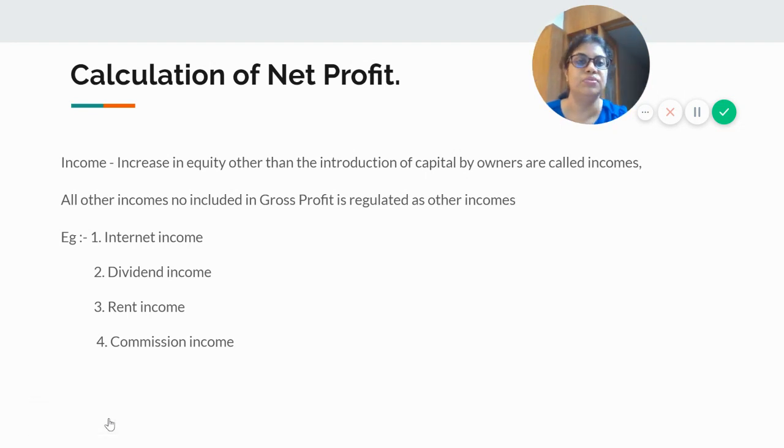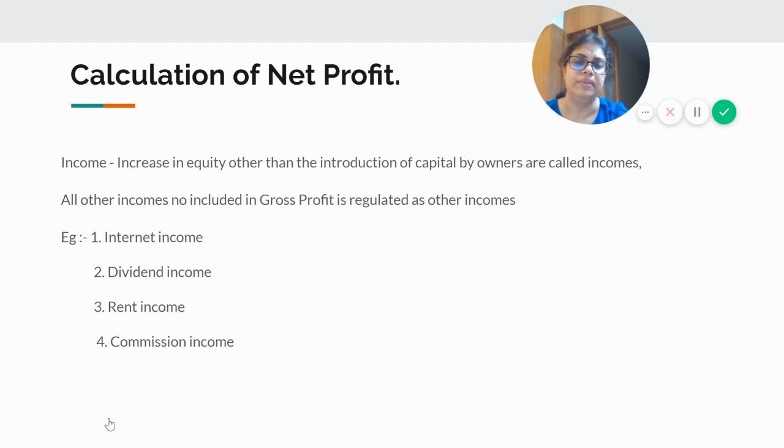Okay, I think now you have got a rough idea about the expenses. When it comes to the other incomes, not the direct income, the main income or the direct income of a business will be the income that you are earning out of sales. The main expense of a business will be the value of the purchases, the cost that you have already incurred on purchases. But other than that, there can be expenses that I have explained to you and incomes as well. Let's see what these incomes are.